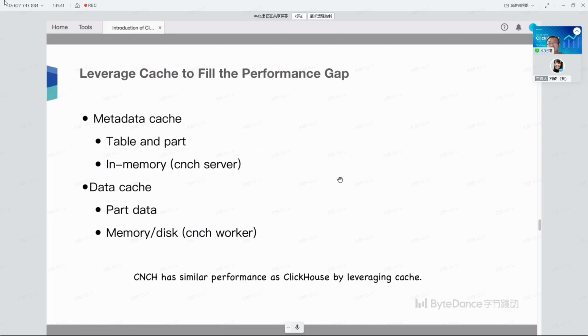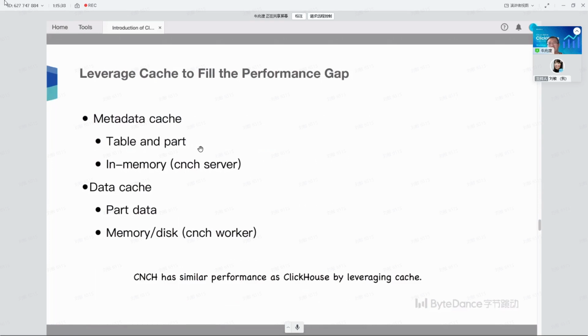So first, let's take a look at how we leverage the cache to fill the performance gap under this new architecture. We have the metadata cache in our server. So we have the table and part level cache in the CNSH server. Then if the cache can be hit locally, there will be no remote access.